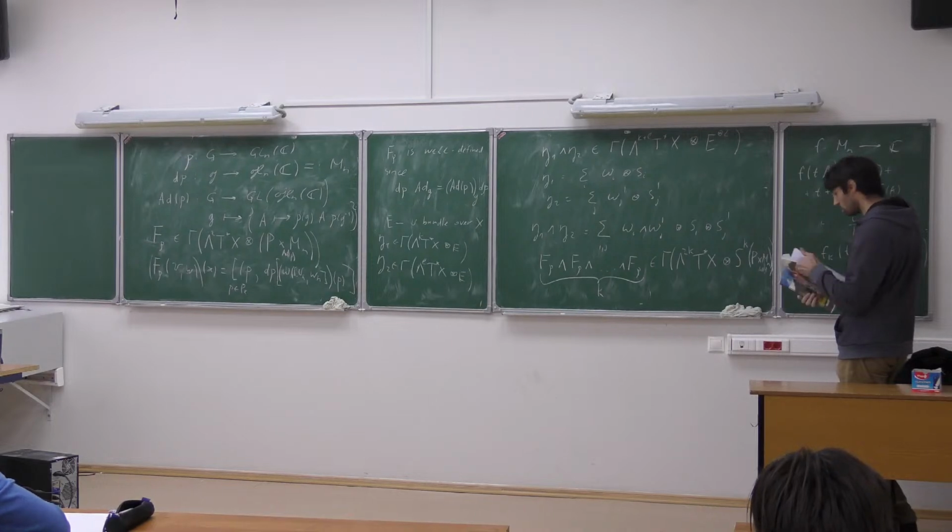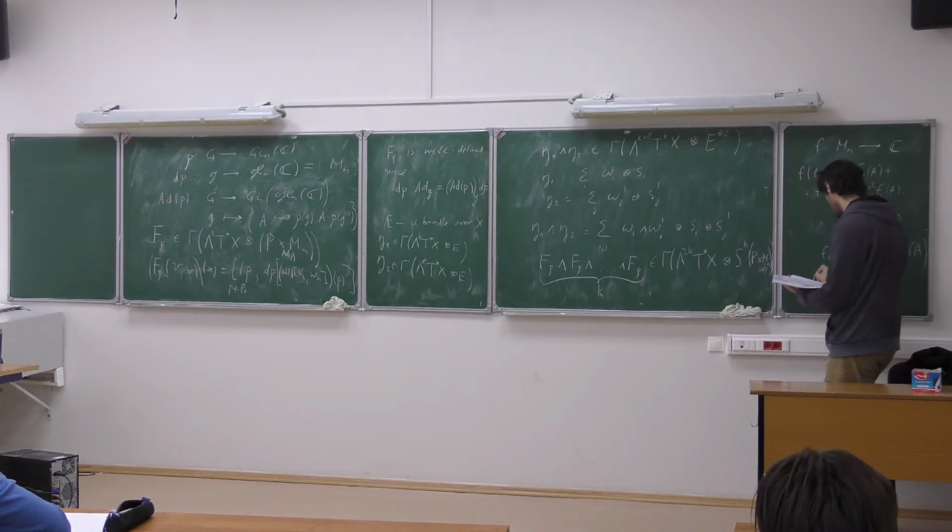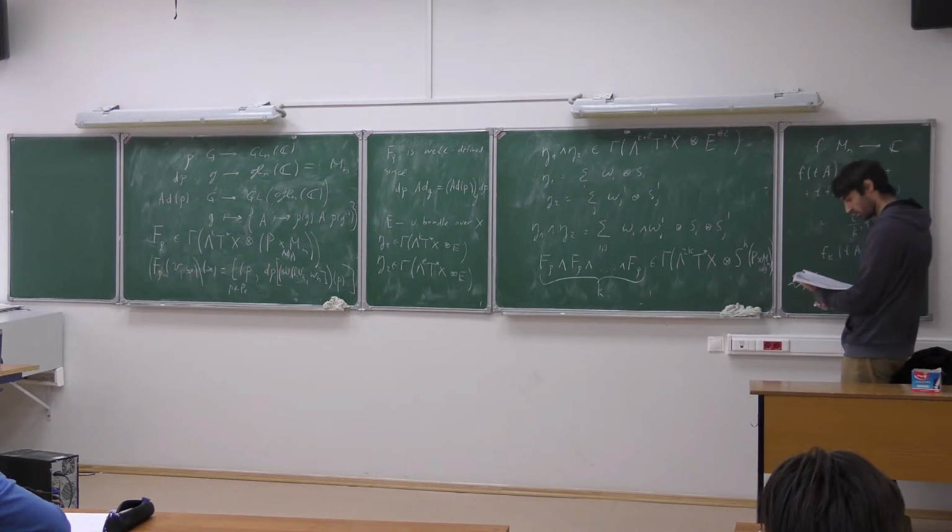Right. So I would like to now consider each of these Fk. I would like to construct a map that I will also denote as Fk.